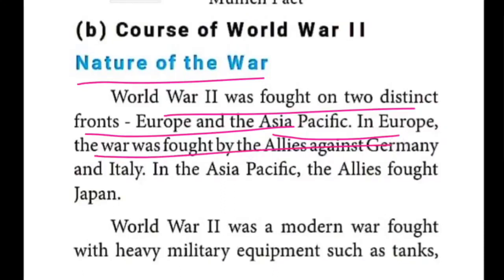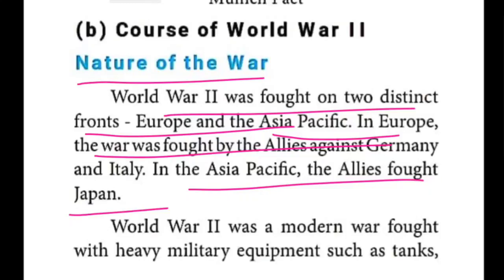And in the Asia Pacific, the Allies fought against Japan. Japan is a developed country, as we learned in the last class, and it was involved in the war against the Allies.